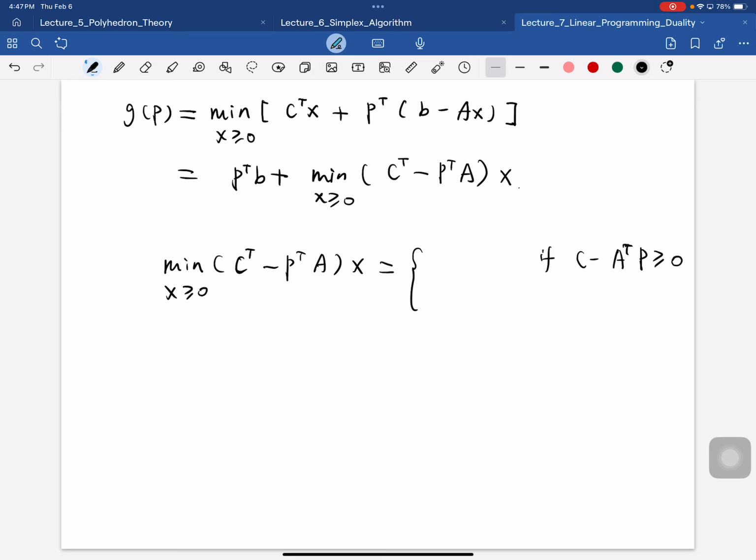When all the entries are greater than or equal to 0, if you want to minimize this term, you should let all the x equal 0, because all the entries are non-negative, so this will be equal to 0. Otherwise, if there exists one component of this vector that is negative, then this will be equal to minus infinity.